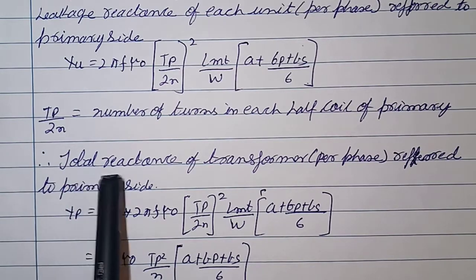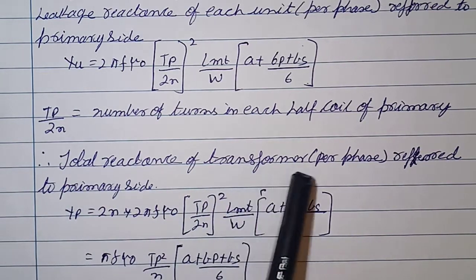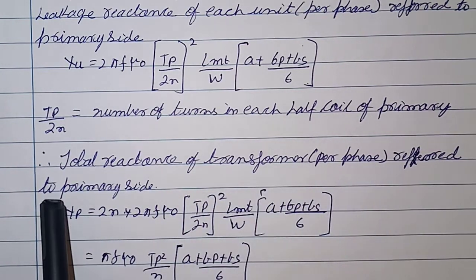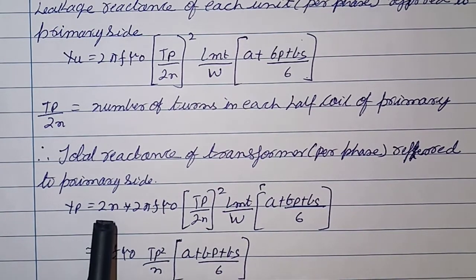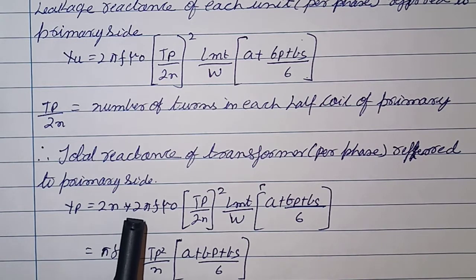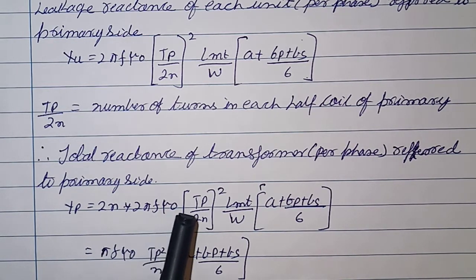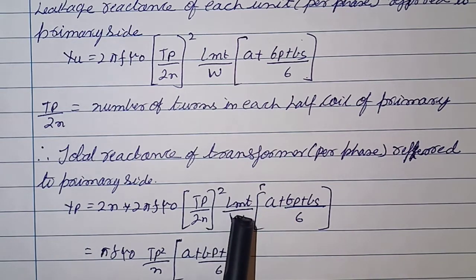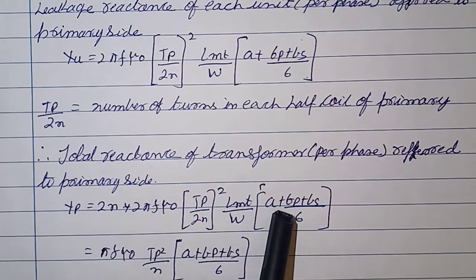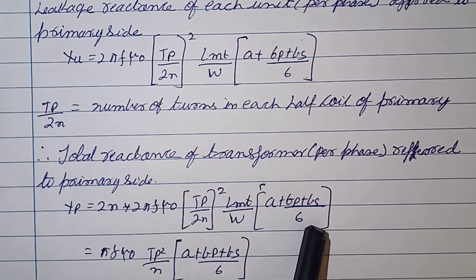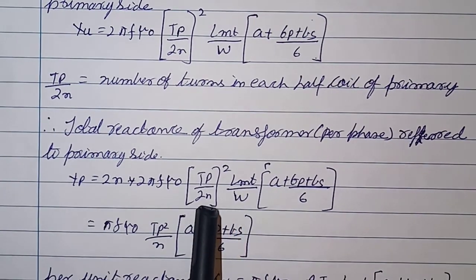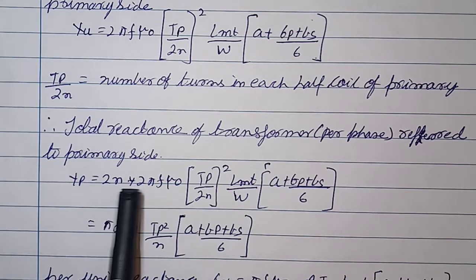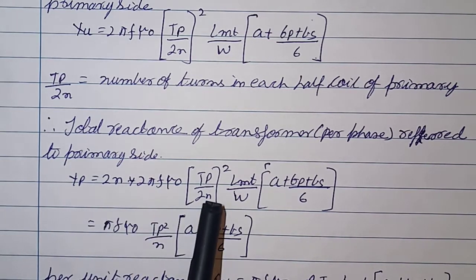Therefore, the total reactance of the transformer per phase referred to the primary side is 2n into 2 pi f mu naught Tp by 2n whole square, then LMT by W into A plus BP plus BS by 6. So we get 4n, and the two 2s make 4, so that 4 cancels, leaving only n.